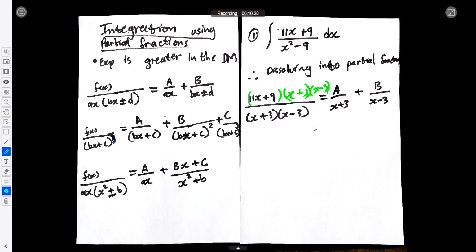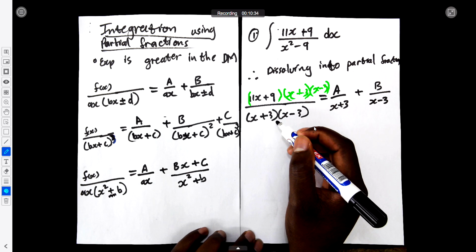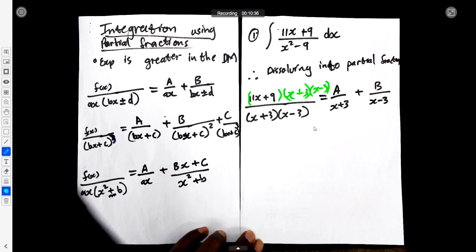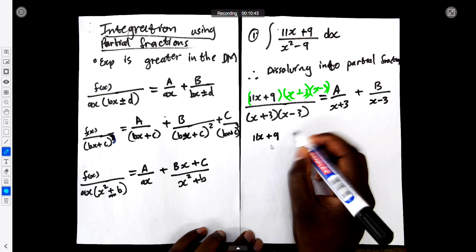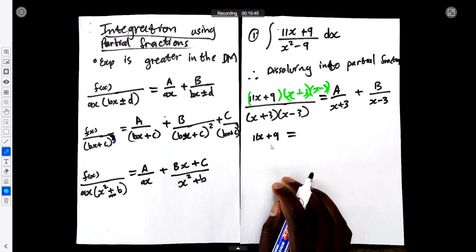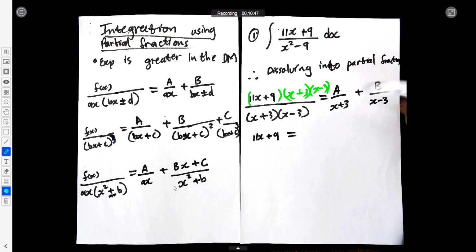Because of spacing, I'll just explain. We see that x + 3 will divide x + 3 and x − 3 will divide x − 3, so we'll be left with 11x + 9 equals. On the right hand side, we're multiplying the fraction by (x + 3)(x − 3).